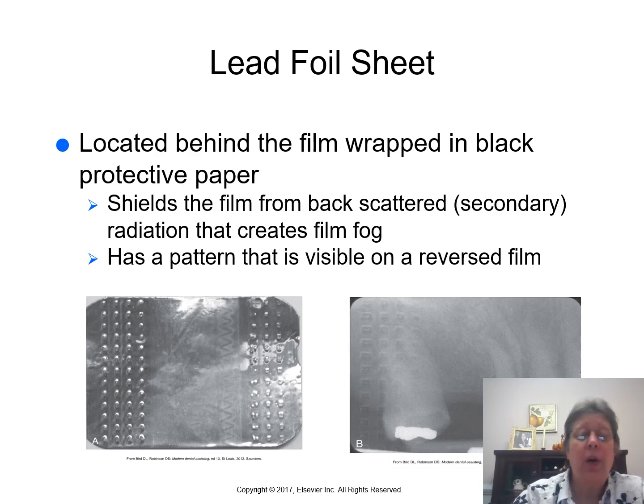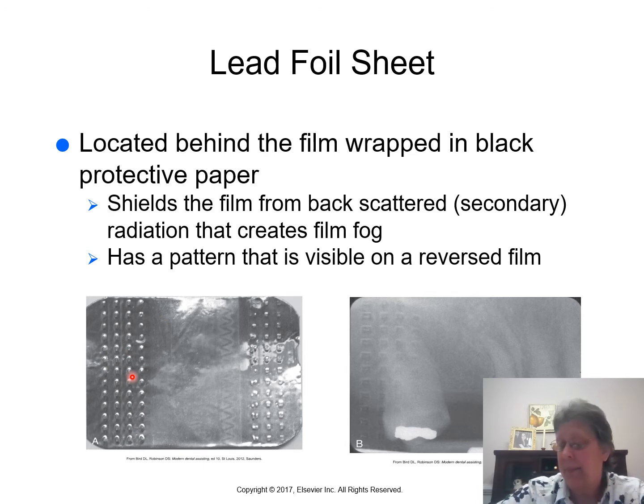And if you will notice on this lead foil, you see this little pattern here. Lots of times, the old-timey term, we called it tire tracks, because it looks kind of like tire tracks that a car would leave driving through the mud. So this pattern is on each lead foil.